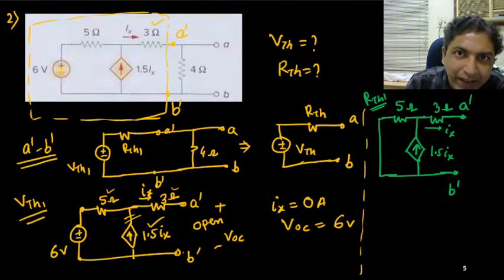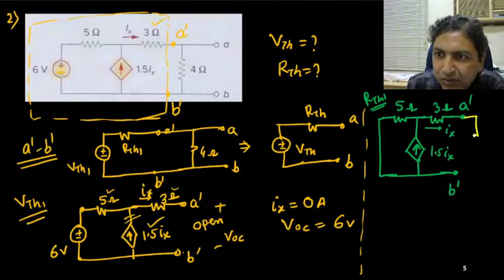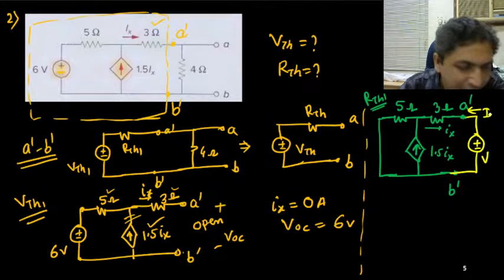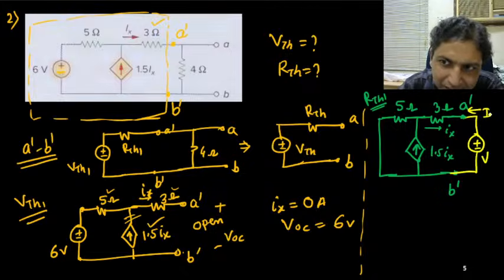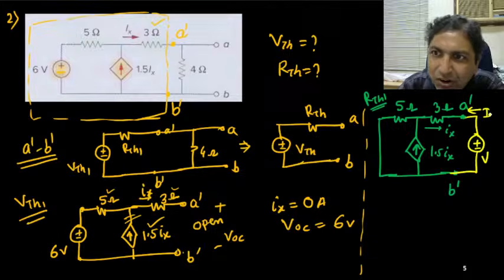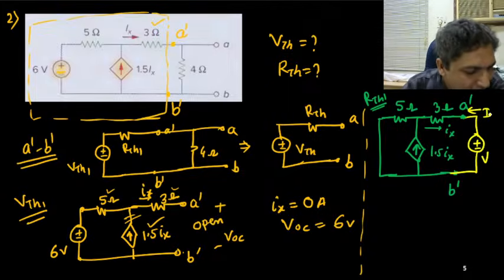Now I want to connect a source V, and I assume that current is I. So this V upon I will give you the resistance, because resistance is nothing but voltage upon current. So can you find out total current I supplied by the source V and V upon I? Is it okay? So how to solve it?